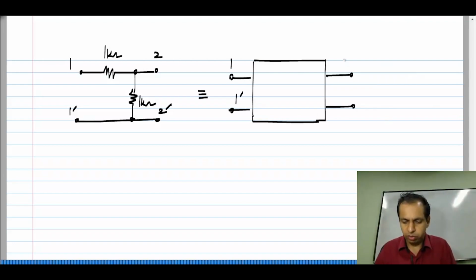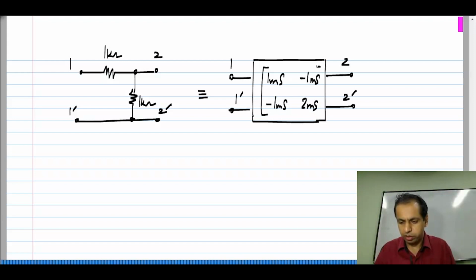Okay, 1 prime 2 prime with the Y parameters, which are 1 millisiemen, minus 1 millisiemen, minus 1 millisiemen and 2 millisiemens. Okay.